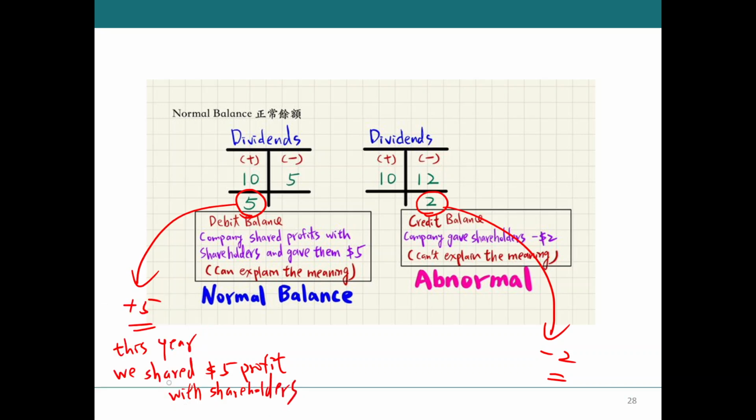If you didn't share profit with the shareholders, we say the dividend is zero.